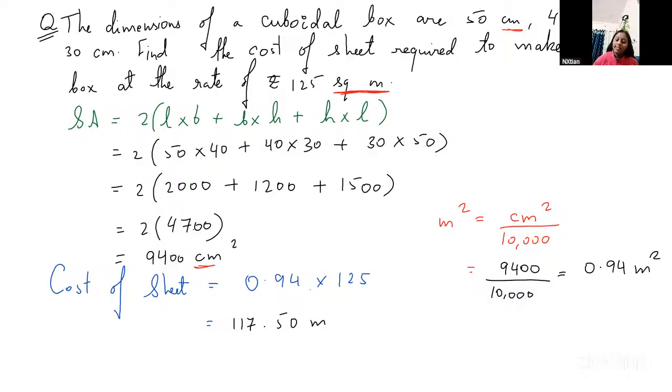What I did was convert centimeter square to meter square. That's what we did here. Understood, Joshua? Yes, ma'am.